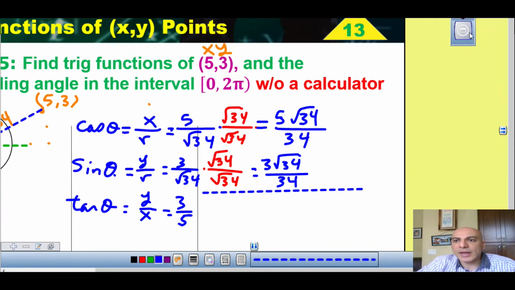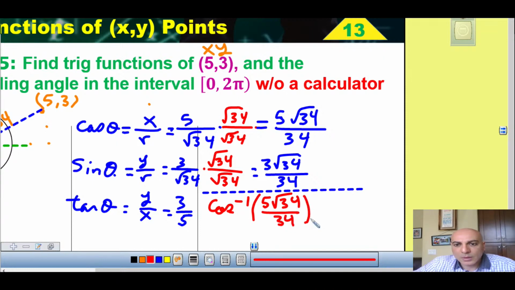All I did to find the angle was say to myself I wanted theta, so I'm going to say cosine inverse of this amount, 5 square root 34 divided by 34. I'm just asking the calculator, give me the angle that has this cosine value.